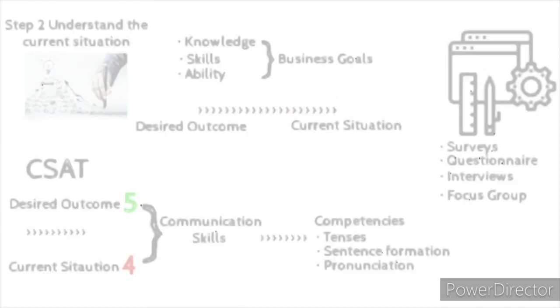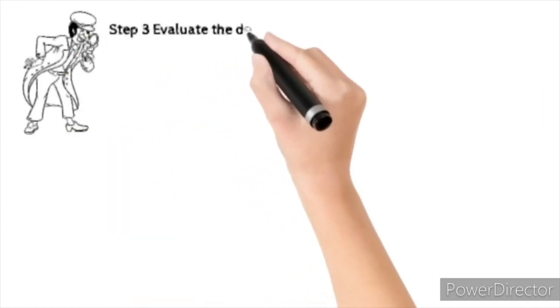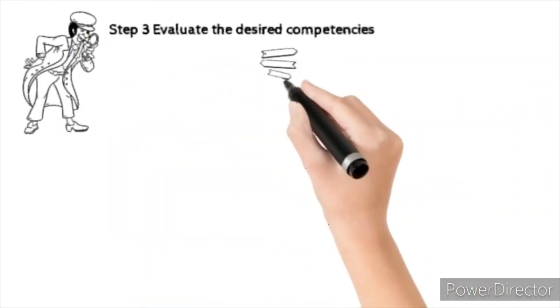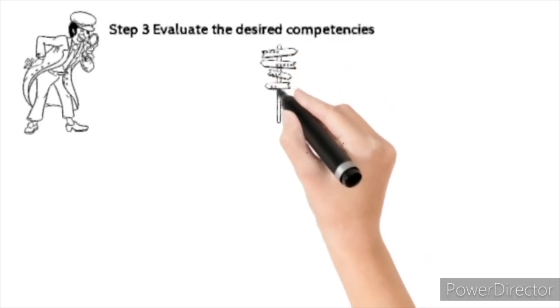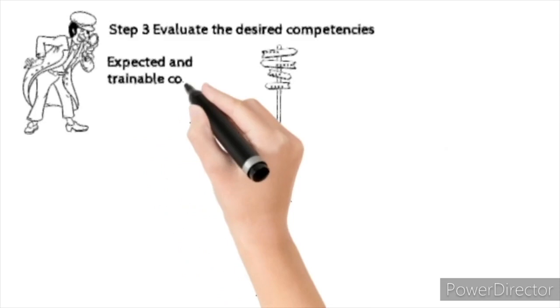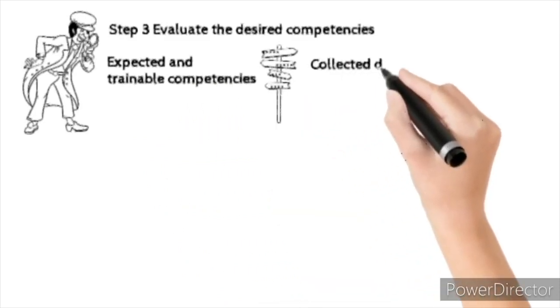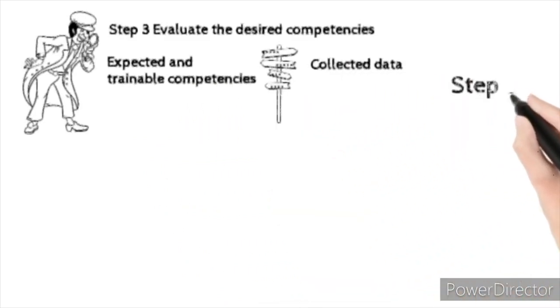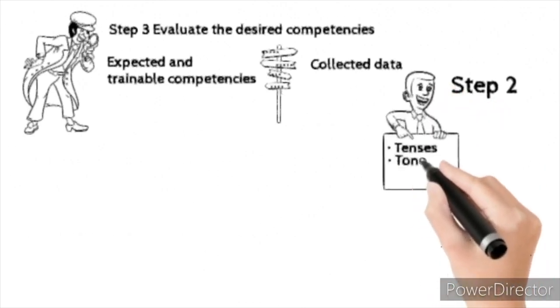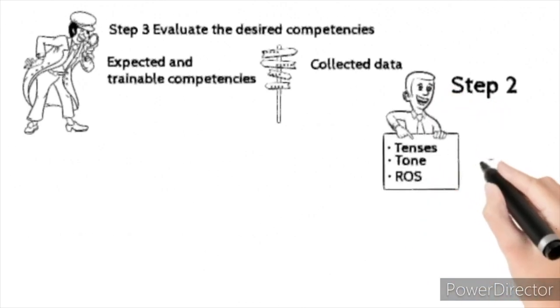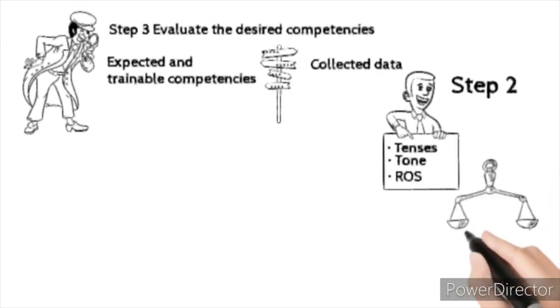The next step is evaluate desired competencies. After shortlisting the important competencies, you can list the expected and trainable competencies based on the research done with the collected data. For example, post step 2, if you have identified tenses, tone, and rate of speech as the competencies, evaluate the level the team is performing on these competencies.